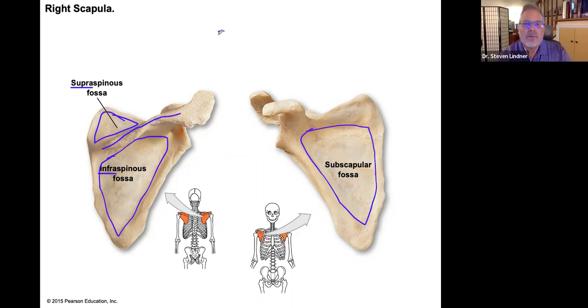And the rotator cuff muscles, remember, are called SITS, S-I-T-S.